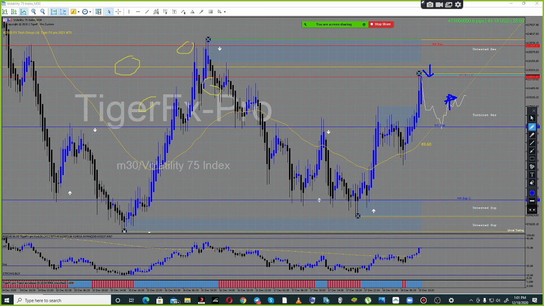Because we are trading the 30 minutes, it's going to take 2 candles to complete the 1 hour time frame, because this here indicates 1 hour. But this time frame has more candles than the 1 hour.